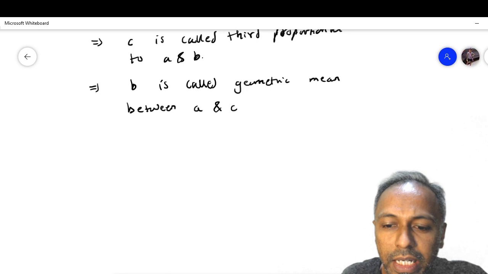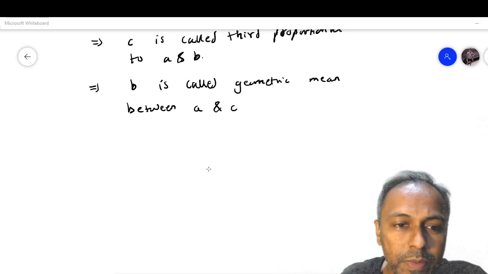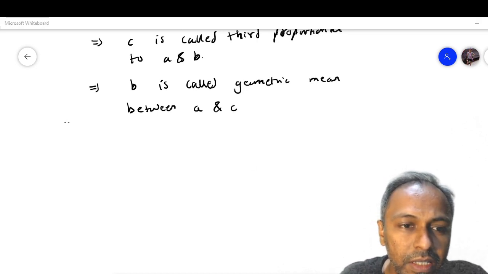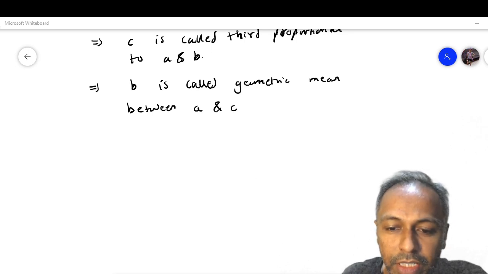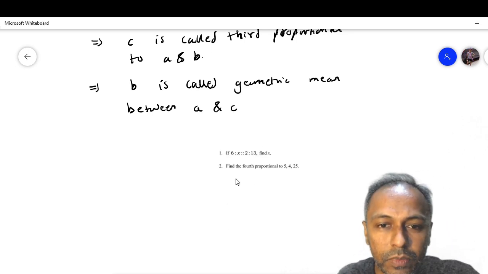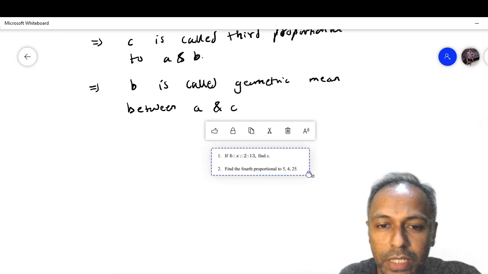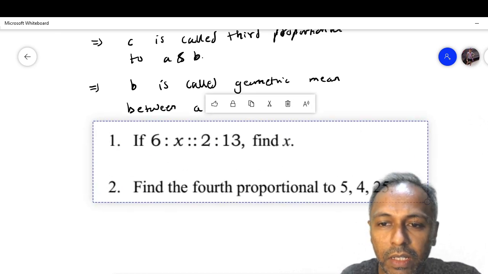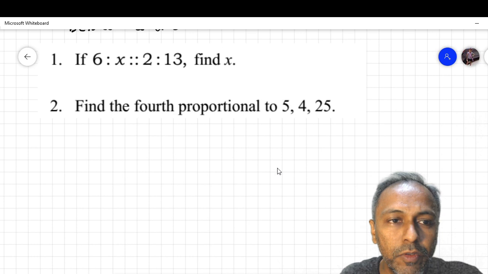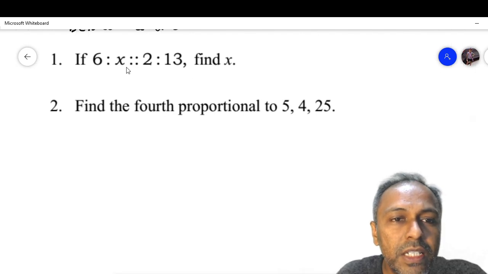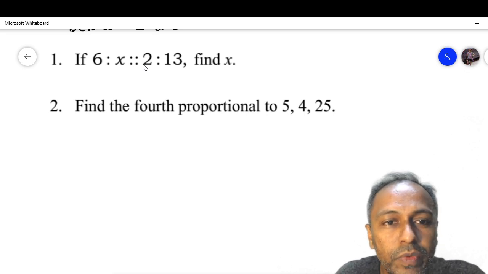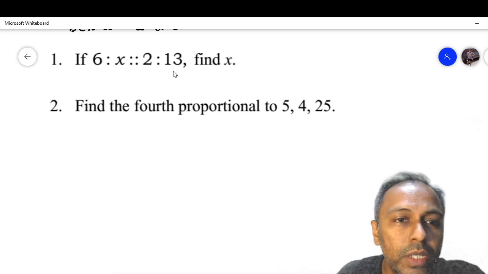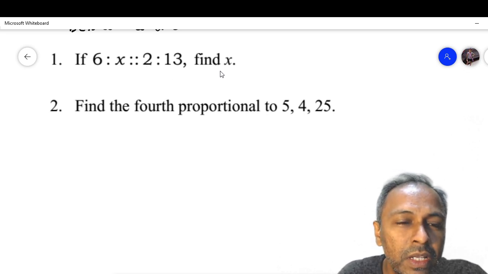Let us now take an example to get this better. Let us consider a problem like this. Say we take two questions. The first one is, if 6 is to x is equal to 2 is to 13, then find x.